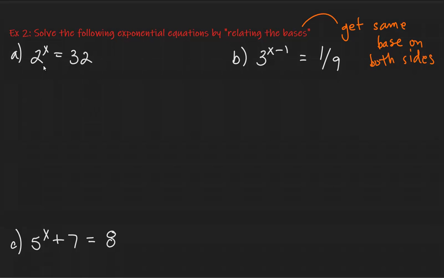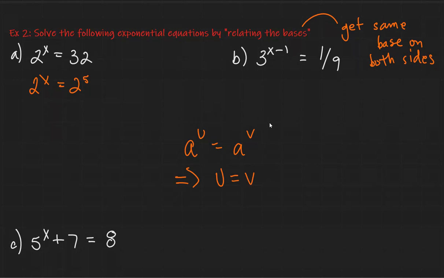Pretty much I want to rewrite one of the bases as the other, if I can, right? And in this case, I can. I know 32 is 2 to the 5th power. And when I do that, there's a property for an exponential equation. If you have a to the u power is equal to a to the v power, then automatically you know that u has to be equal to v, because the exponential function is called one-to-one, which makes this true.